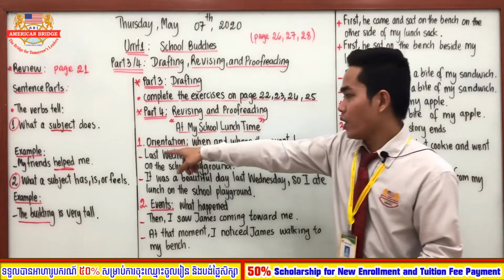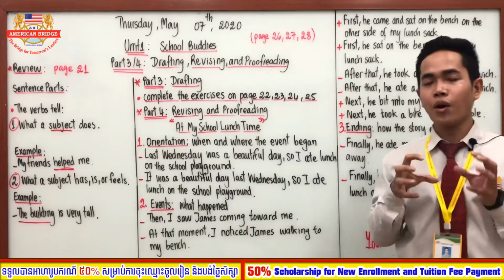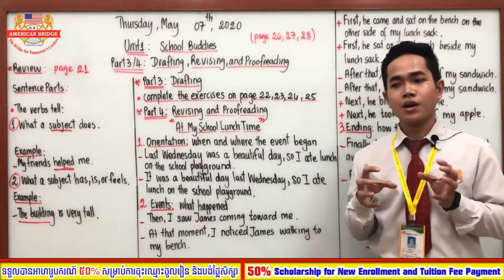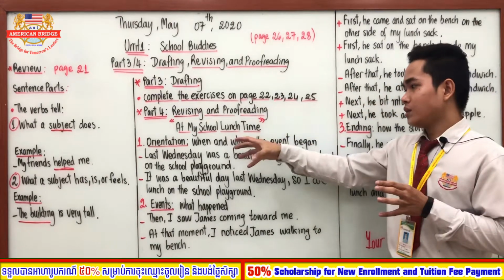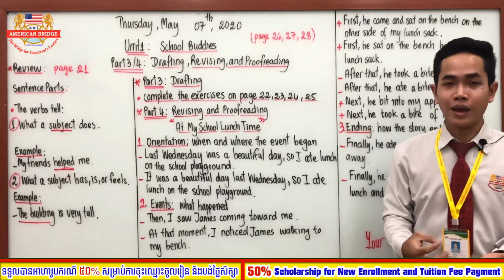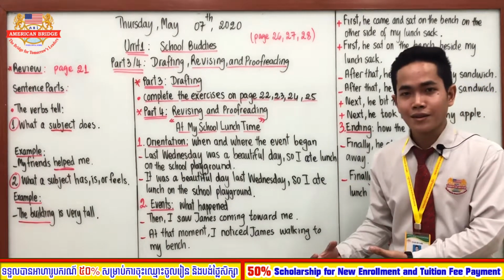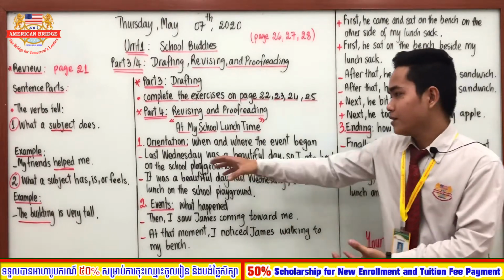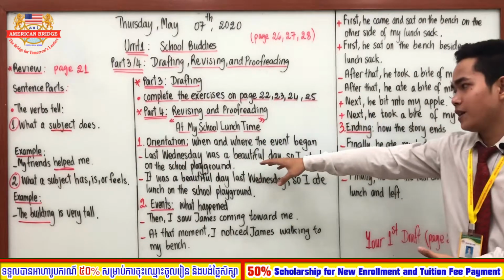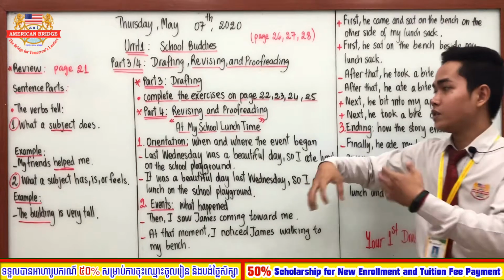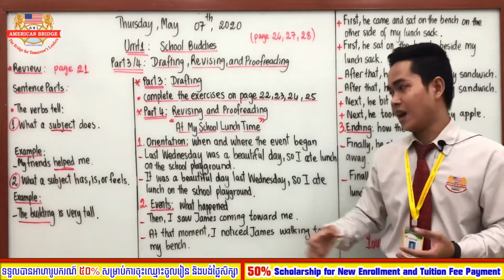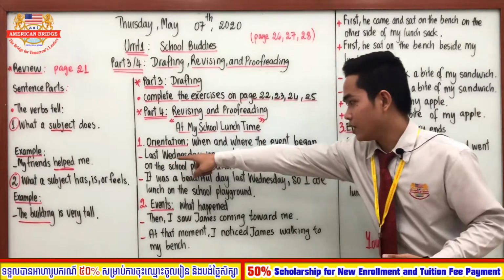Next, number 1, orientation. In the orientation part, we talk about when or where the event began. Do you still remember where an event began? Here we also have the time or the place that the story began, as you can read in our sentence.